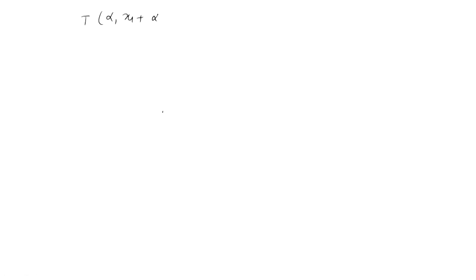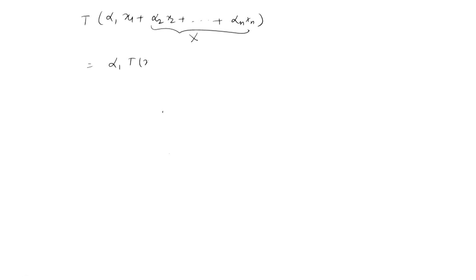You see T of alpha 1 x 1 plus alpha 2 x 2 and so on up to alpha n x n. Take this element as, suppose, capital X. We know the property of vector spaces, so by that property this will be equal to alpha 1 times T x 1 plus T of capital X. Now, it is alpha 1 T x 1 plus T of alpha 2 x 2 and so on up to alpha n x n.